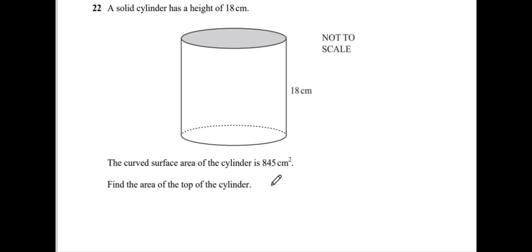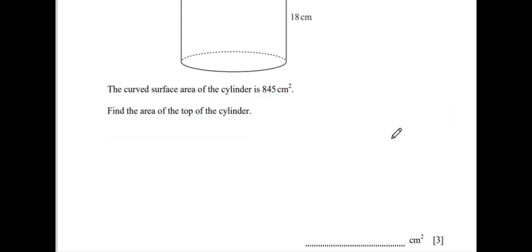So what are we going to do here? We are going to use the value given to us for the curved surface area of a cylinder to find the value of R, which is the radius. Then with that R, we can use the area of a circle to find our value. So what's the curved surface area of a cylinder? It is 2 pi RH.